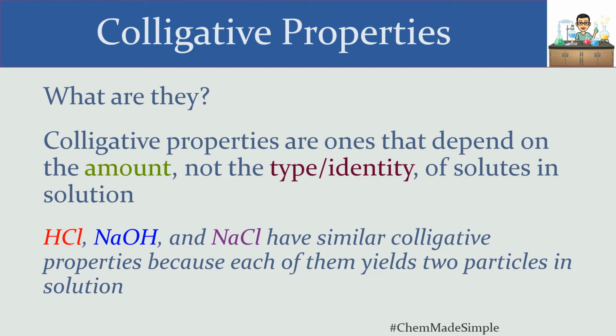One's neutral, one's super acidic, and one is super basic. But even though they have all these different properties, in terms of colligative properties, which are the ones that we're going to talk about today, those three molecules actually have very similar behavior. And the reason that they have similar behavior is because when we put them in a polar solution, they're going to split up into two particles.